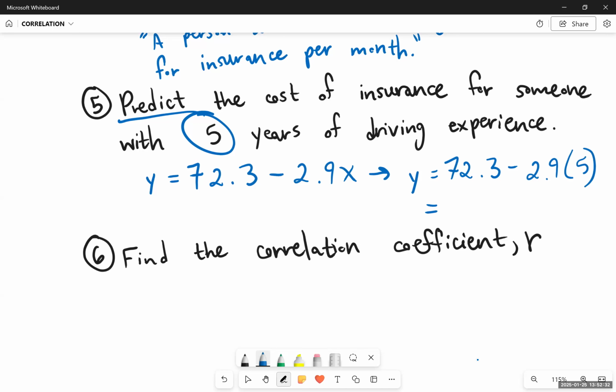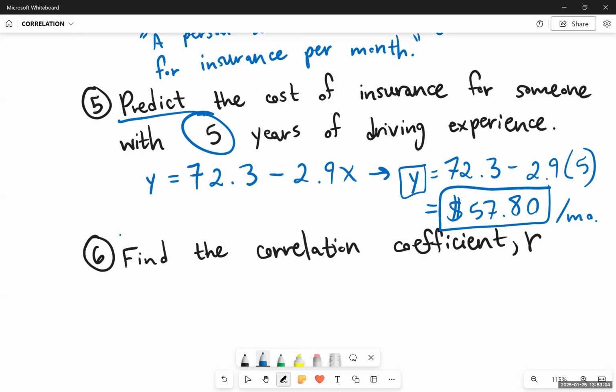Feel free to do the same and check. 2.9 times 5 from 72.3. You get 57.8. And ask yourself, what is this? Is this a number of years or is this a dollar amount? And since this was a Y value, which stands for the insurance costs, that tells you the units should be a dollar amount per month. So that's a pretty nice decrease for someone who drove 5 years.